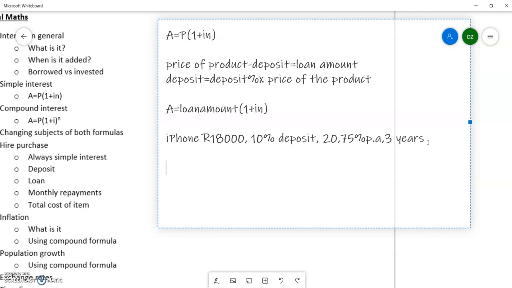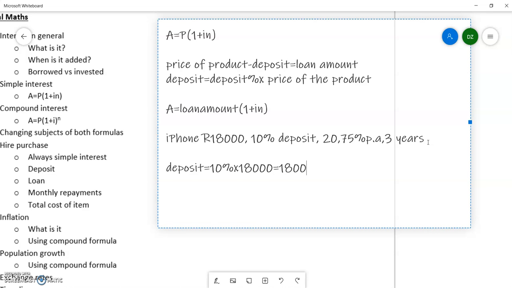So before you even get to leave that store with your iPhone, you have to pay 10%. So my first calculation is always calculating what is the deposit rand amount. Well, it's 10% of 18,000. So before I can even leave with that phone, I have to pay 1,800 rand. Now, they're not just going to give me the phone for 1,800 rand and write off the rest.